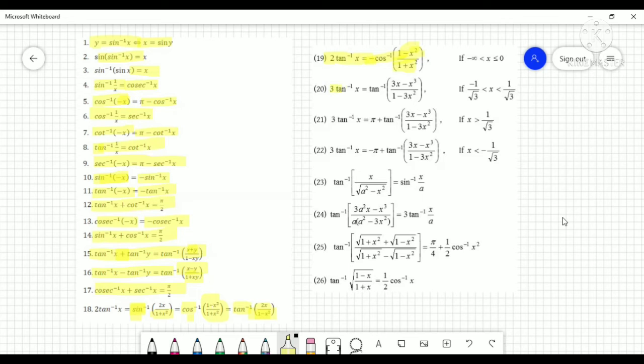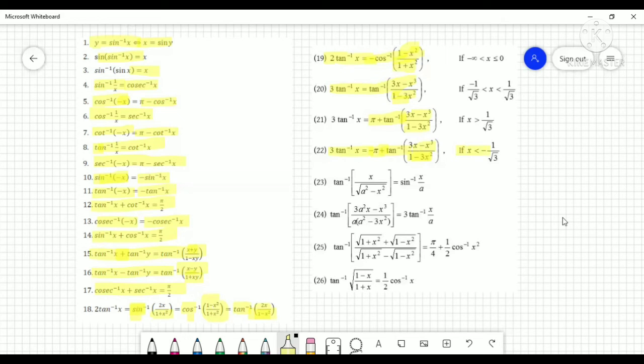You can write like that also. Then 3 tan inverse x is equal to tan inverse (3x minus x cube) by (1 minus 3x square). Then 3 tan inverse x we can write as pi plus tan inverse (3x minus x cube) by (1 minus 3x square). Also we can write 3 tan inverse x equal to minus pi plus tan inverse (3x minus x cube) by (1 minus 3x square).